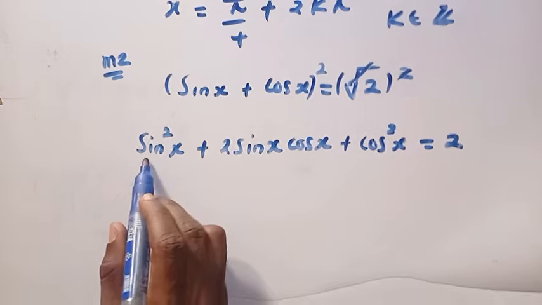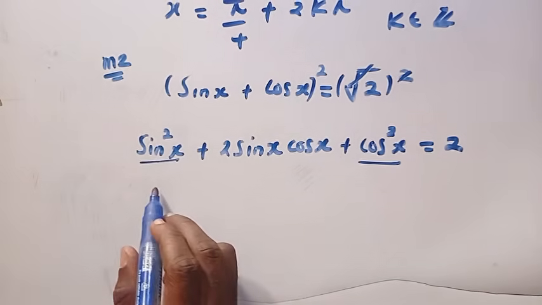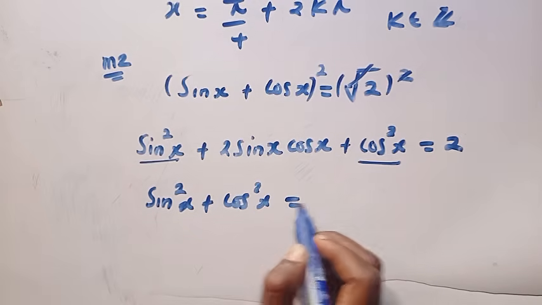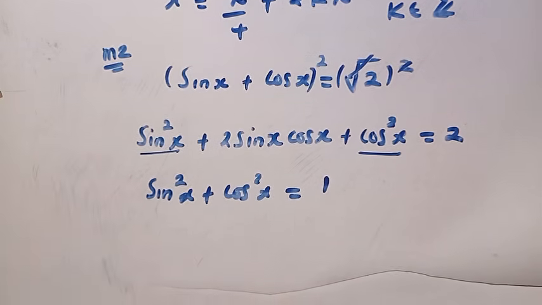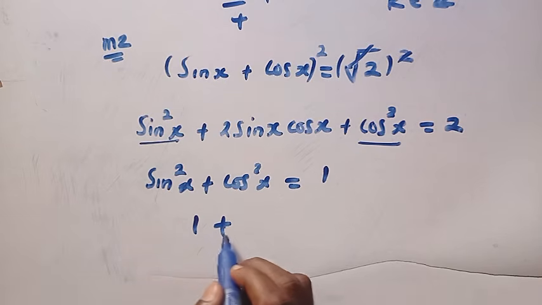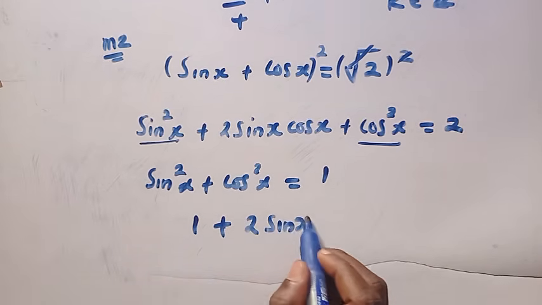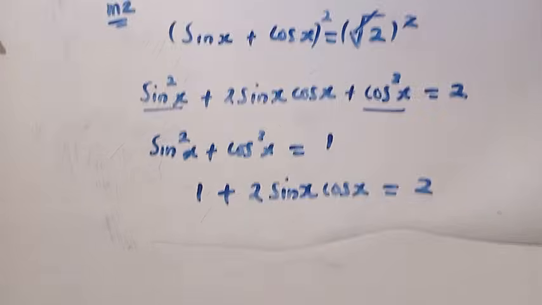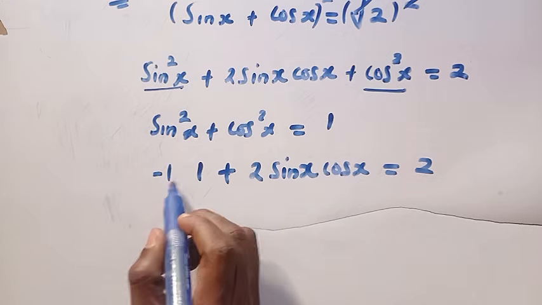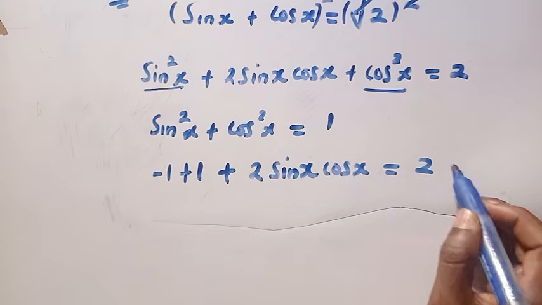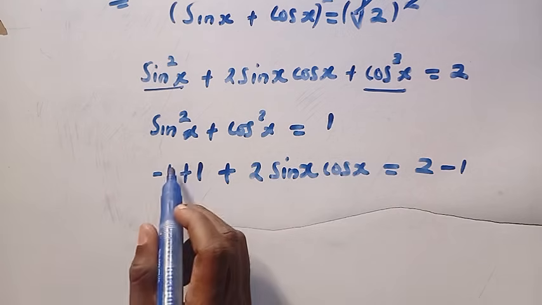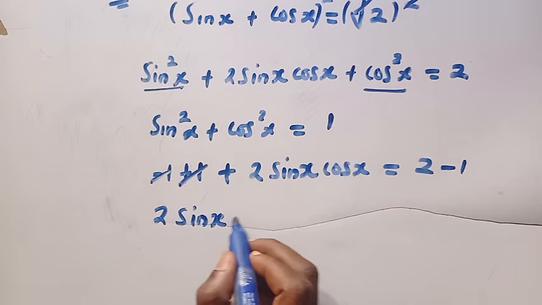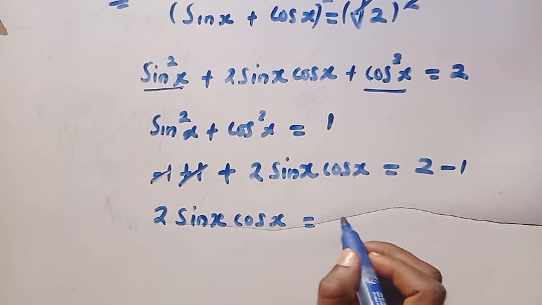Next, let's combine sine squared x and cos squared x. Sine squared x plus cos squared x equals 1. Therefore we have 1 plus 2 sine x cos x equals 2. If I subtract 1 from both sides, the plus 1 and minus 1 cancel, and we have 2 sine x cos x equals 1.